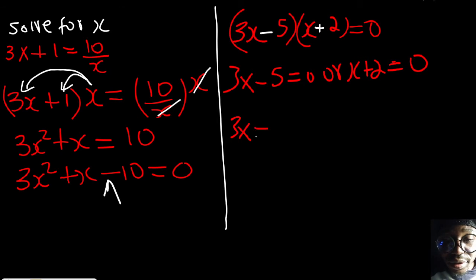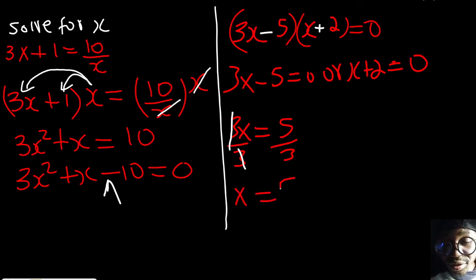3x is equal to 5, divided by 3, because we are solving for x, so we want to remain with just x, right? So we're going to divide by the 3, and what remains is going to be x.